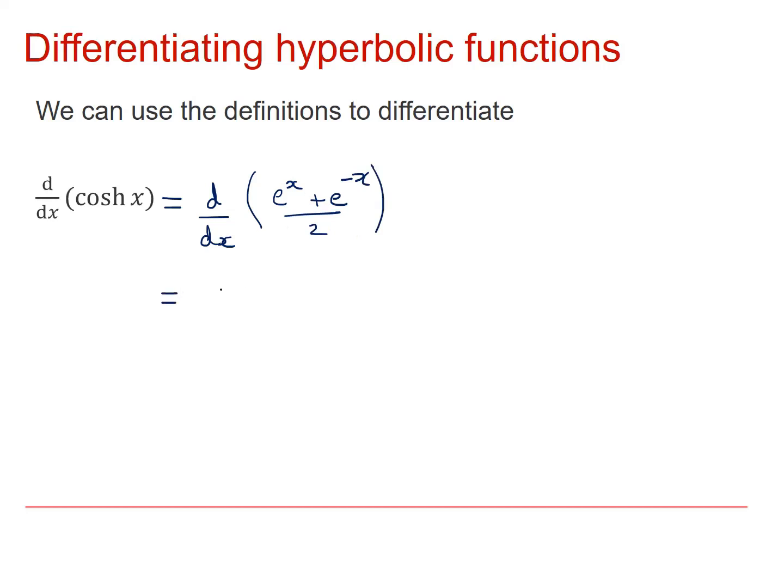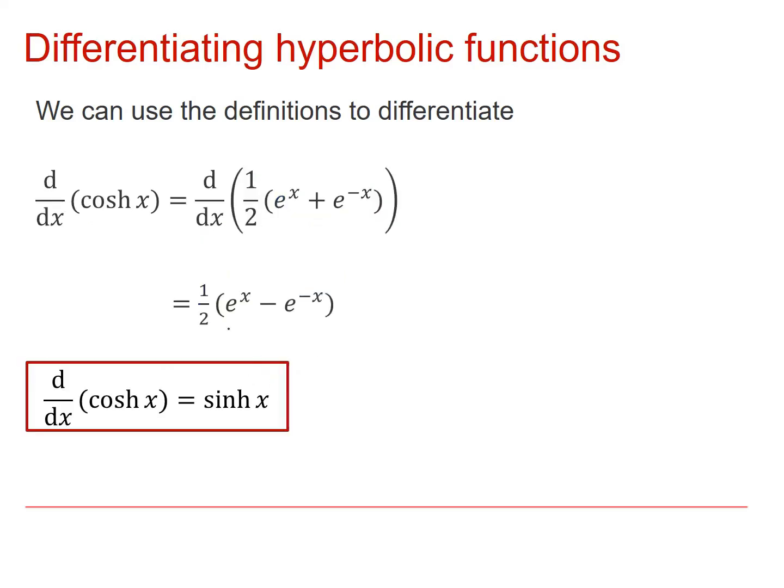When I differentiate that, let's pull the half out the front, differentiate e to the x, I get e to the x, and differentiate e to the minus x, I get e to the minus x, but I get an additional minus sign coming in. And so this is equal to sinh x. So differentiate cosh x, I get sinh x. And there's the confirmation of that.